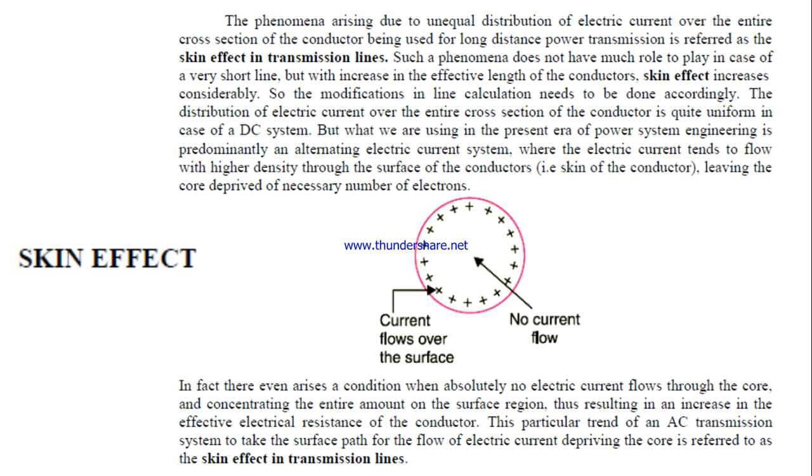So the concentration is more at the surface region, and this results in increased effective electrical resistance of the conductor. This particular trend of an AC transmission system to take the surface path of current flow is known as the skin effect, and it leaves the core empty.